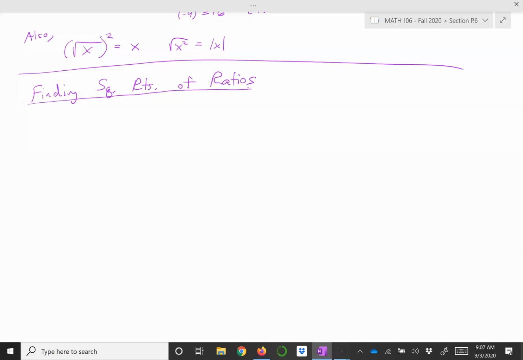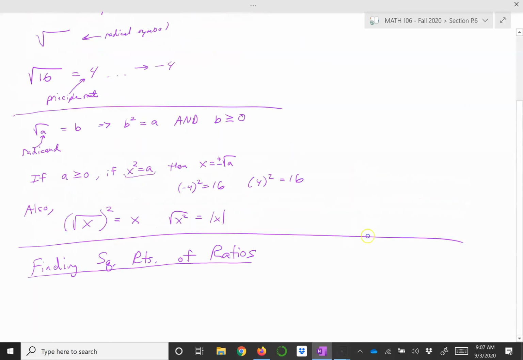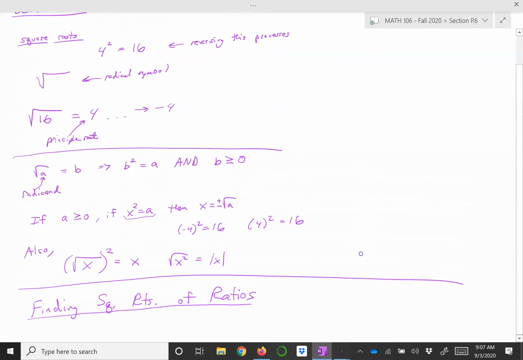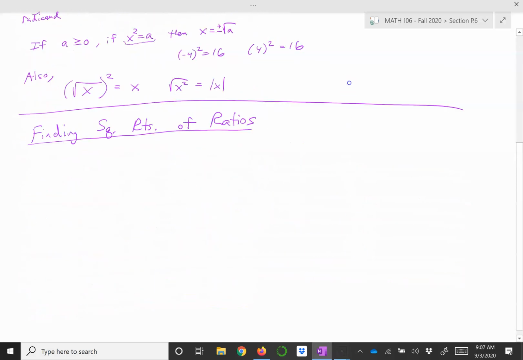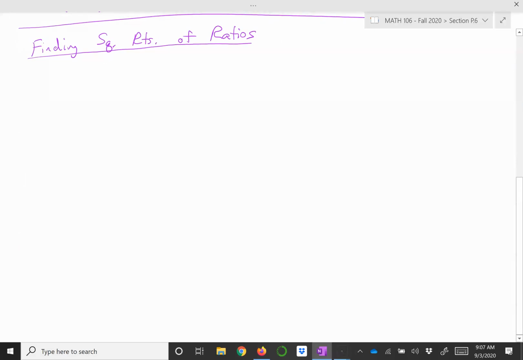So I'm going to walk you through using some of these rules, but obviously you might immediately know what the answer is. But again, I want to have as much information in these notes as possible. So let's say you had this, the square root of 16 over 25, okay?